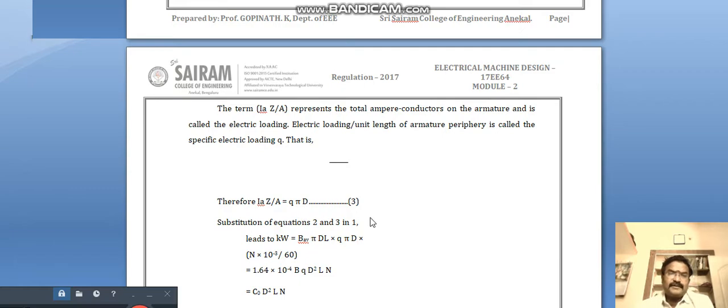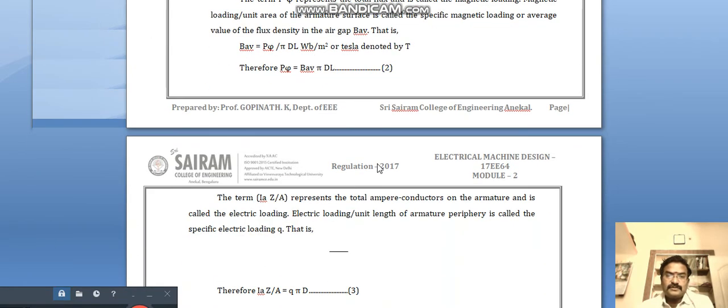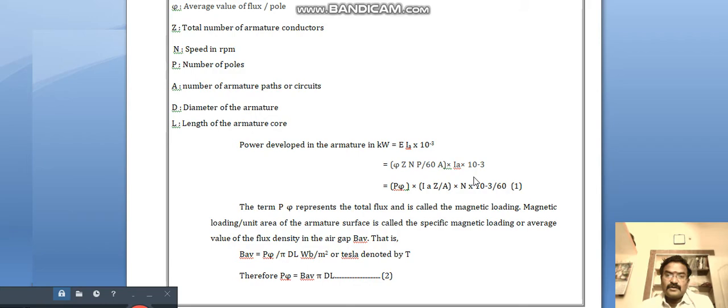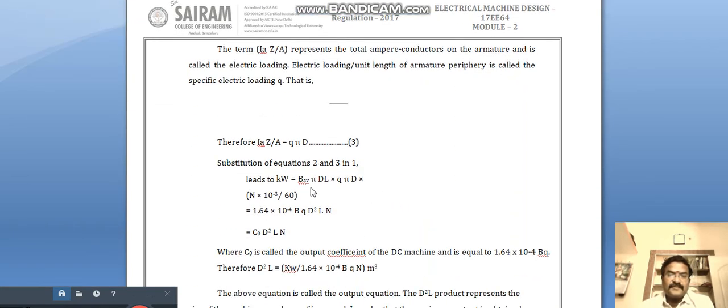Substituting equations 2 and 3 in equation 1, this leads to kilowatt equal to Bav pi D L into q pi D into N into 10 to the power of minus 3.